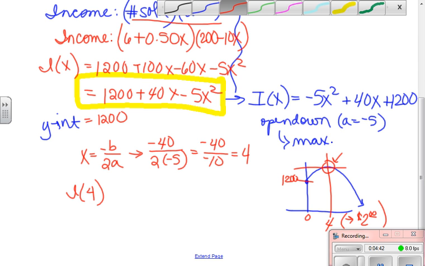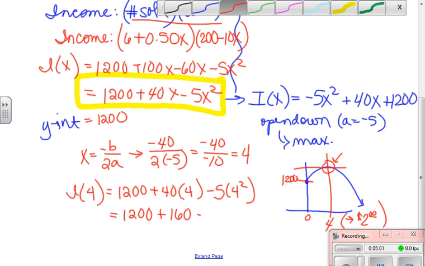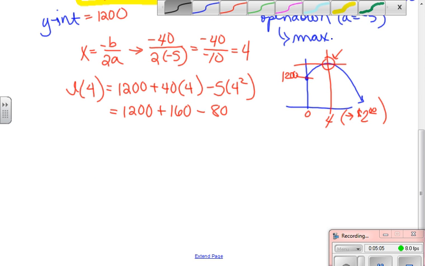What is my income when x is 4? I substitute 4 in for x, and when I work all that out, I end up with a maximum profit of $1,280.